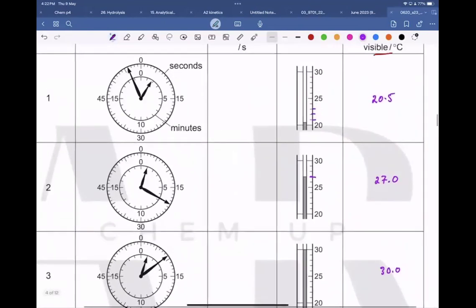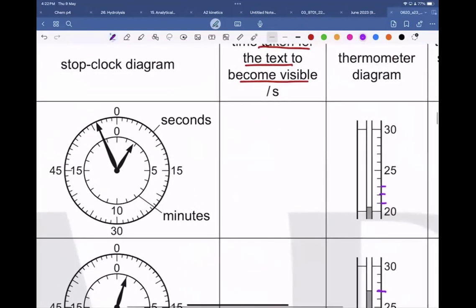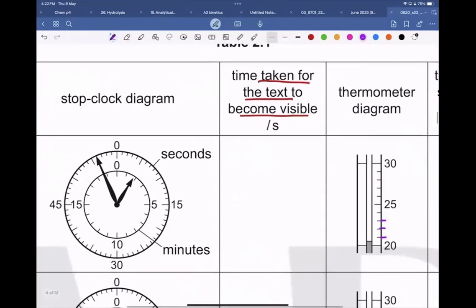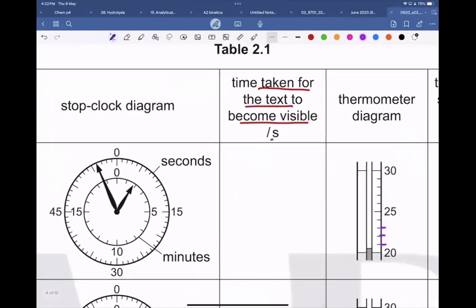Now, we have to record the time in seconds. So if you see, this is minutes. The inner dial is minutes and the outer dial is seconds.